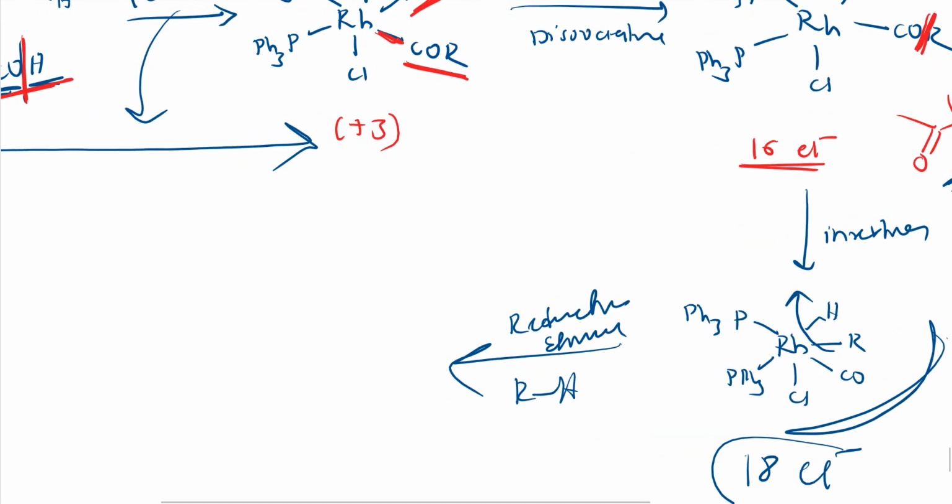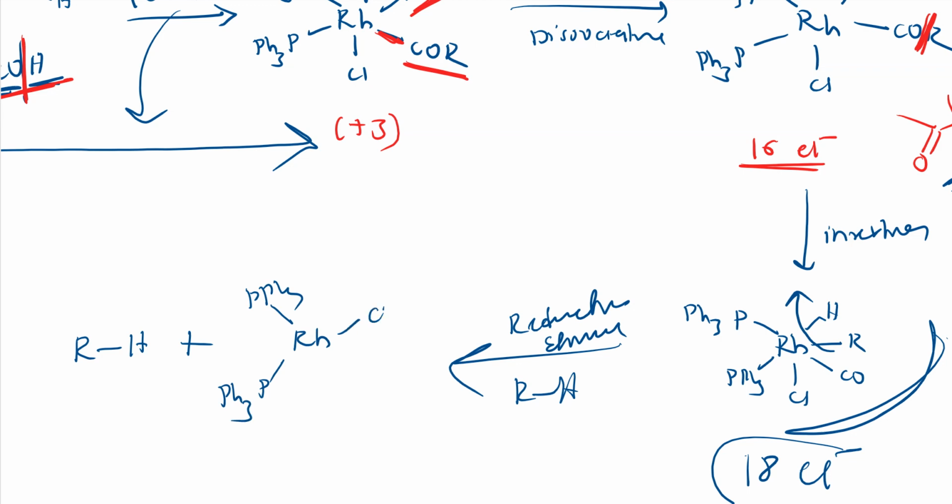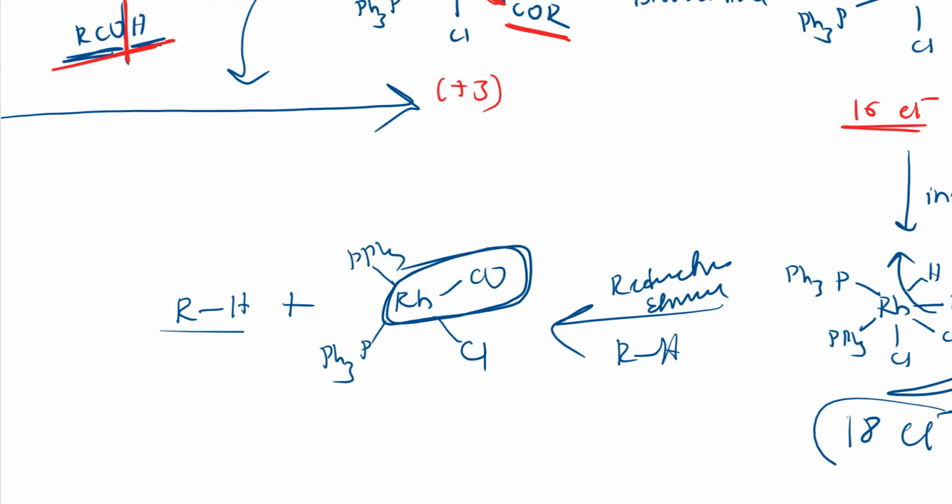The output will be RH plus the rest: PPh3, PPh3. This bond is a coordinate bond. Here CO is there, Cl. This Rh-CO bond is very strong. Because of this affinity, this reaction happens and we get RH, a hydrocarbon.